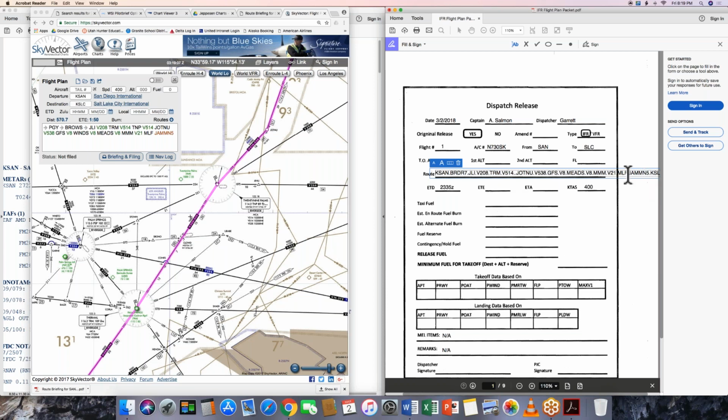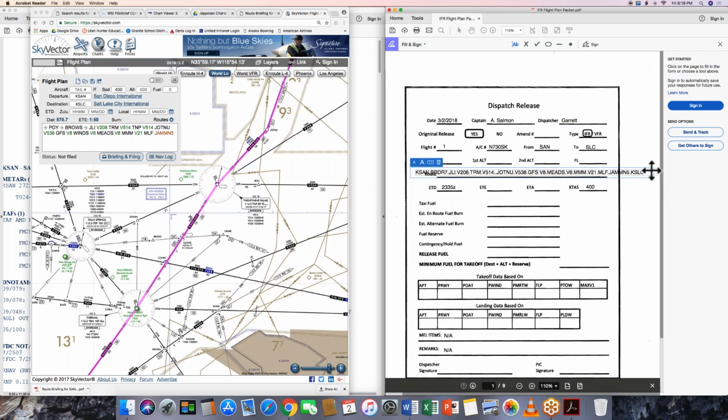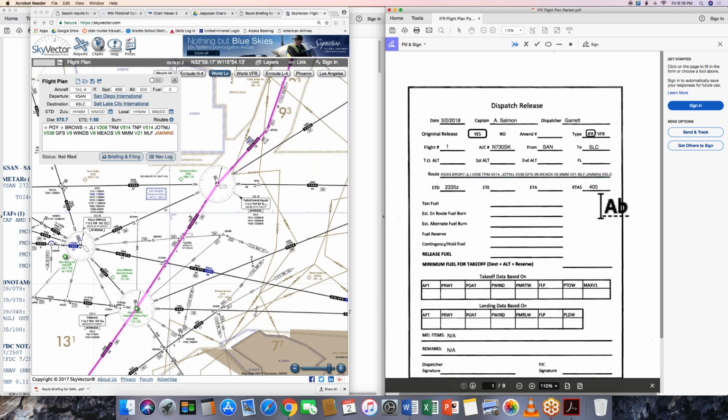Right? That was the departure we used. So anyways, that's what it would look like.